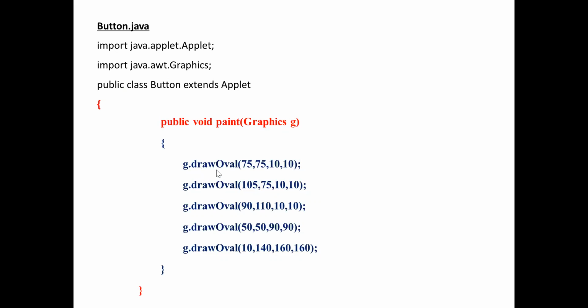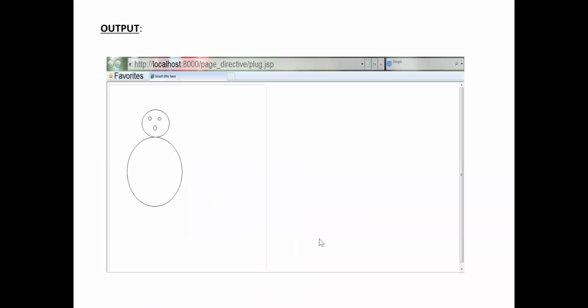That is g.drawOval(75, 75, 10, 10). The same way, you should write the 5 oval types of graphical user interface. Then you can execute this program. The output will come like this.